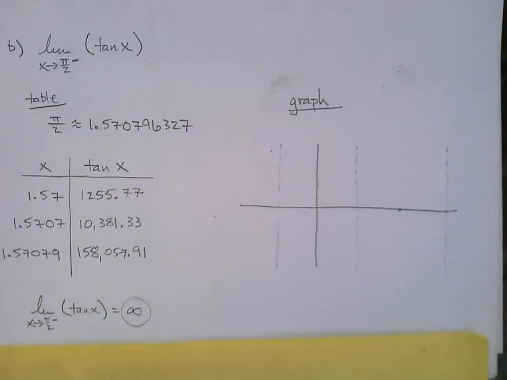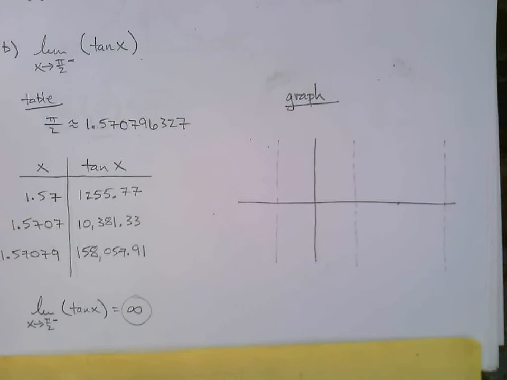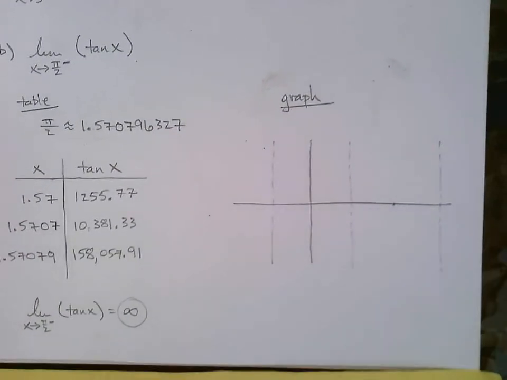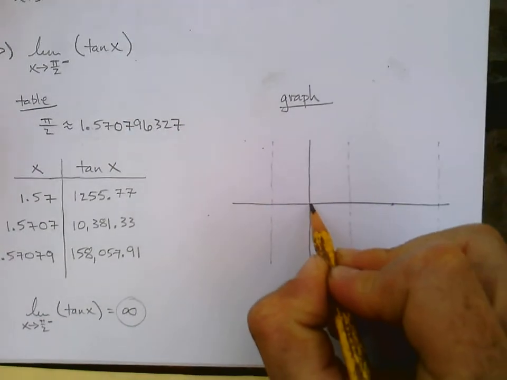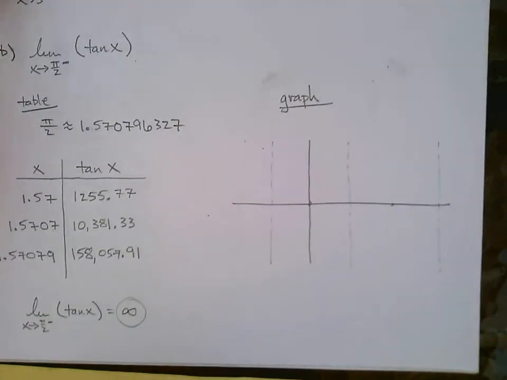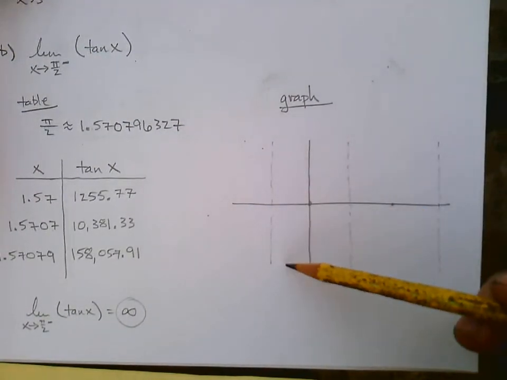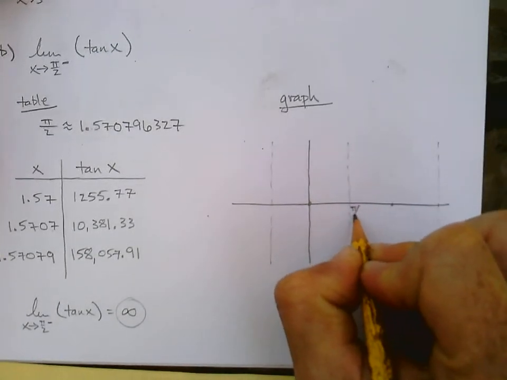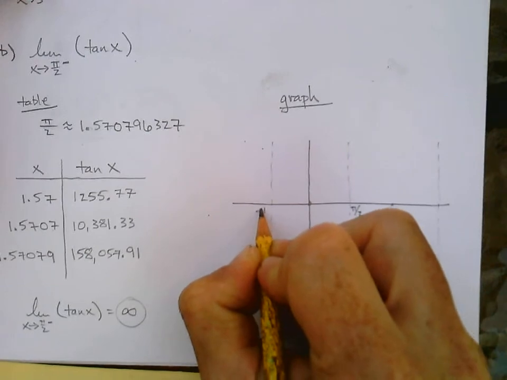The graph. If you remember what the graph of tangent x looks like, if you recall, it passes through the origin. There are these vertical asymptotes. You may remember these occur at pi over 2, negative pi over 2 over here.